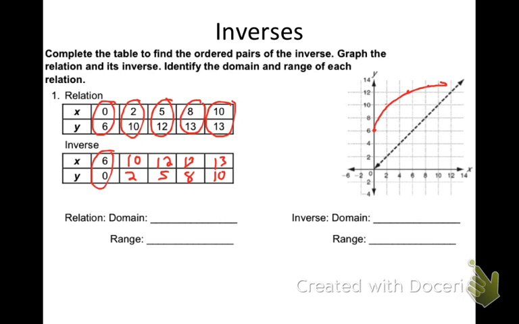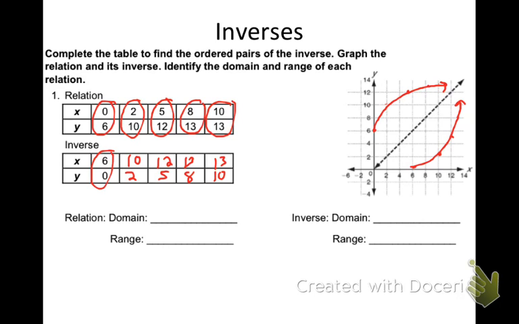So there was the top one. And then the bottom one would be 6, 0, 10, 2, 12, 5, 13, 8, and 13, 10. Notice how those are just flipped across that line.